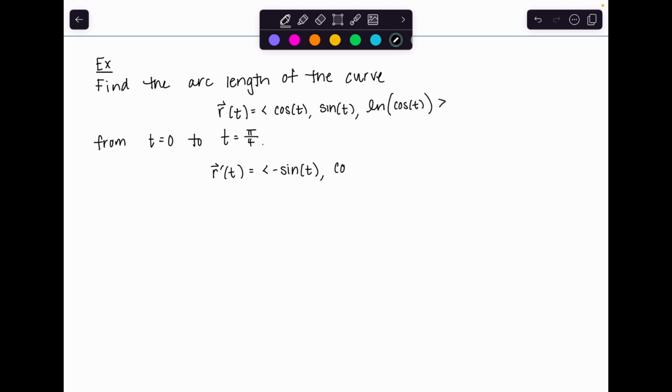Derivative of sine is positive cosine. And then here, I'm going to have to use chain rule. So I get 1 over the inside function when you differentiate natural log. And then chain rule, I've got to now differentiate by cosine of t, which is negative sine of t.